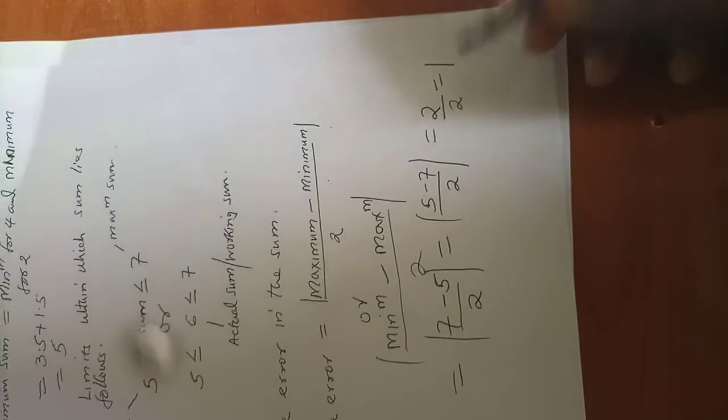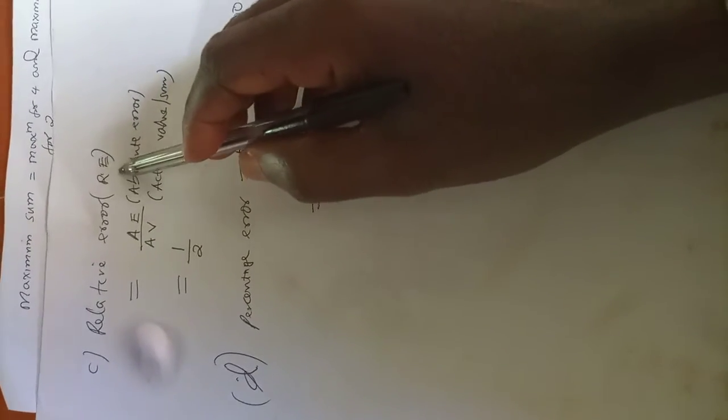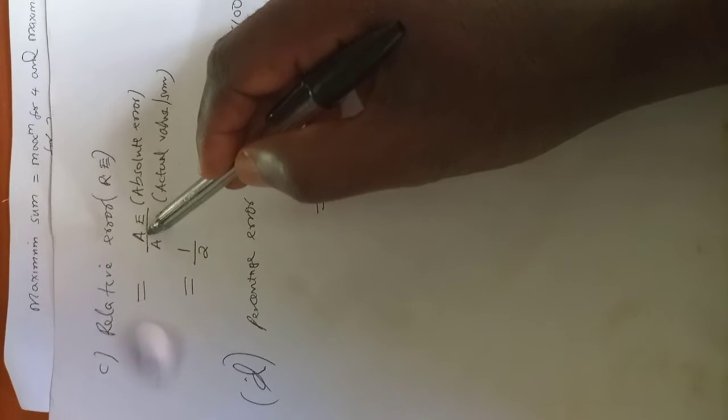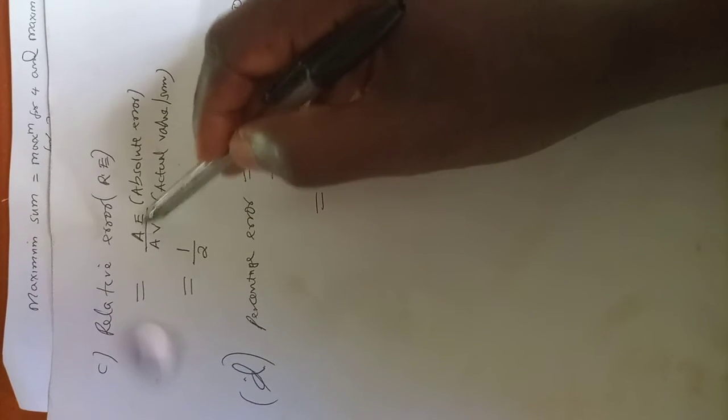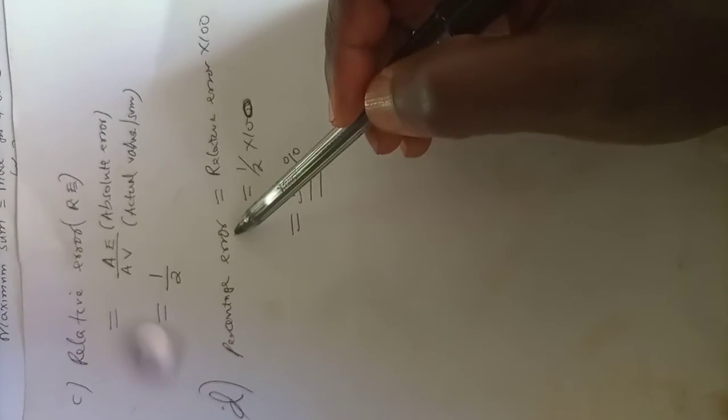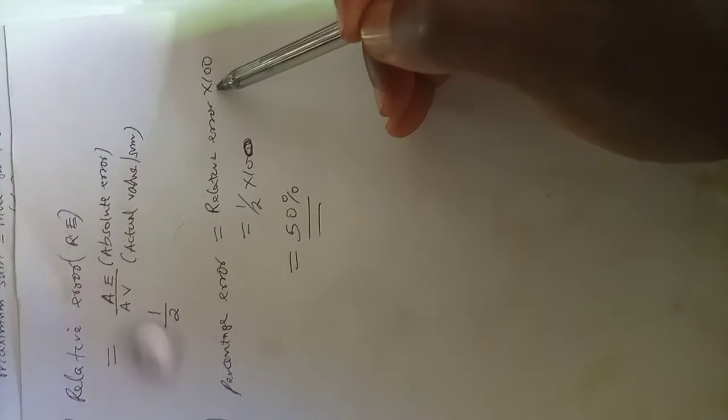Then let us go to the third solution, the relative error. The relative error we normally denote by RE. So how do you get the relative error? It is equal to the absolute error, that is AE, over the actual value or the actual sum, which is now 1 over 2. Then we come to the percentage error, which equals relative error times 100.